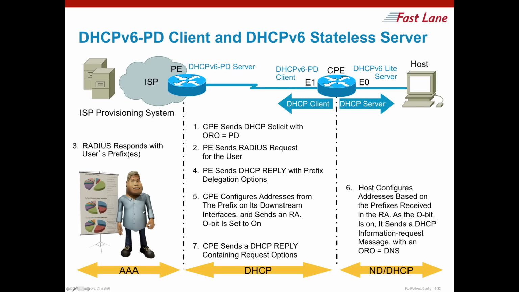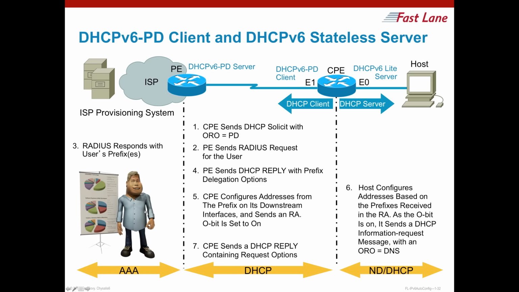The CPE receives the prefix, configures the downstream interface, and sets the other bit flag to on, not the managed, but the O bit, which means to the host, use DHCP for other configuration, not to get an address.